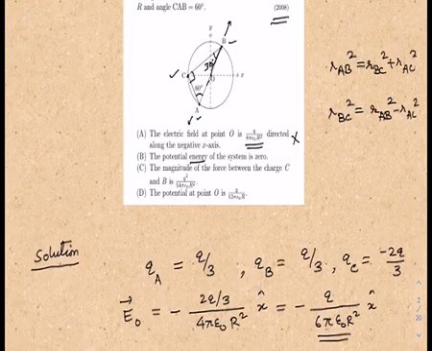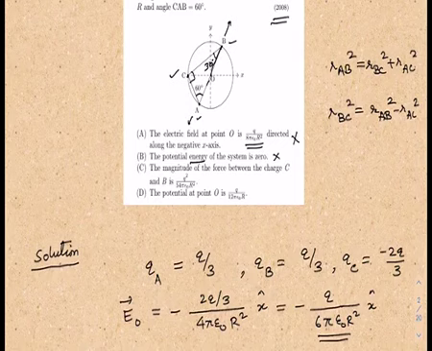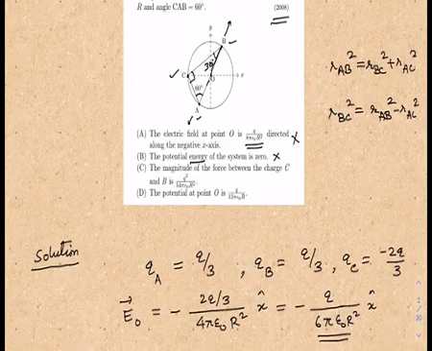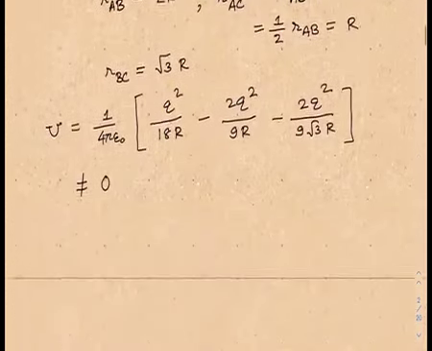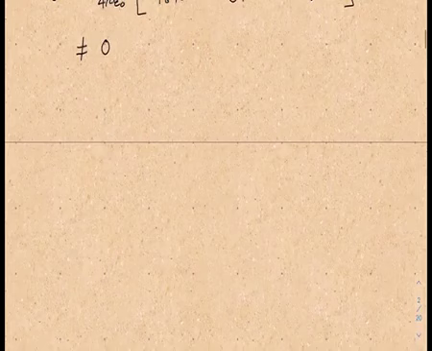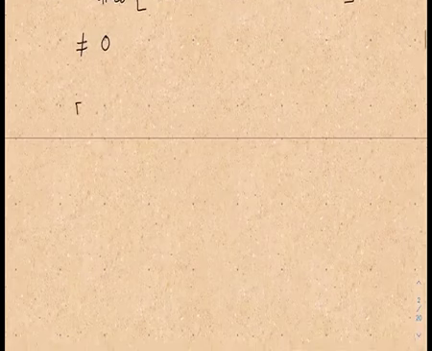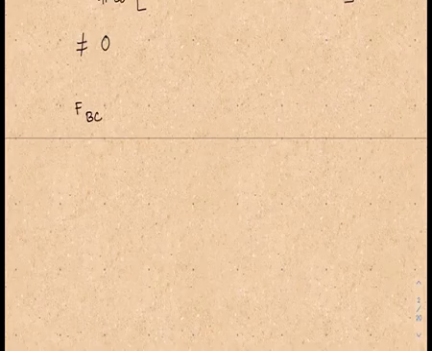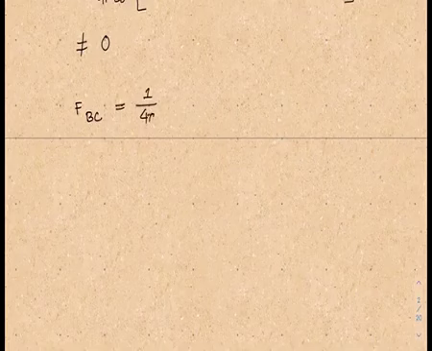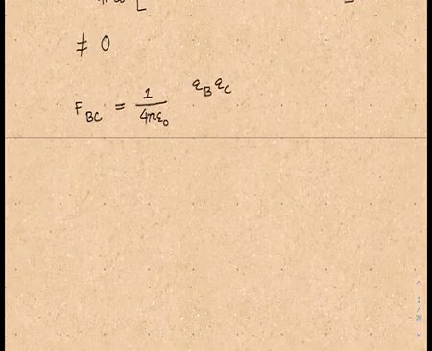Now come to option C, the magnitude of the force between the charges at C and B. Basically you have to find out the force between these 2 points. Magnitude wise, it would be simply 1 by 4 pi epsilon 0 QB QC divided by the distance squared, which we have already worked out.